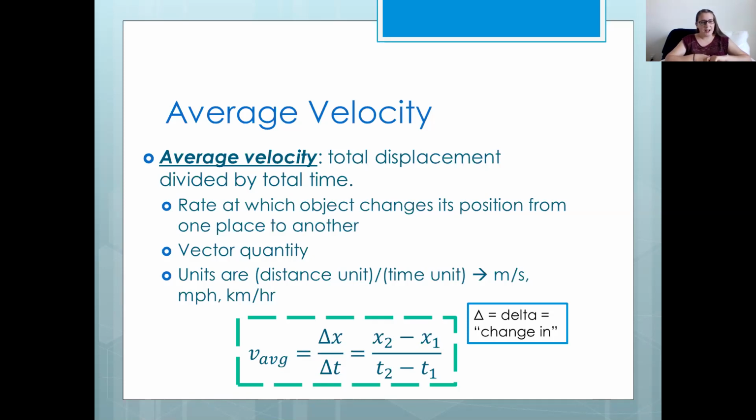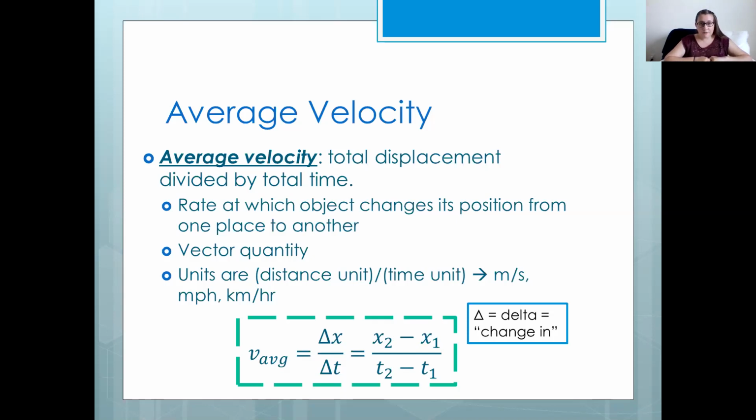Great, yeah, good. 100 kilometers per hour. And yeah, I noticed that one of you didn't put your units in and then you added them in later. That's great. We always want to give our answers with units so that we remember what it is we're talking about. Great, 100 kilometers per hour is our average velocity.